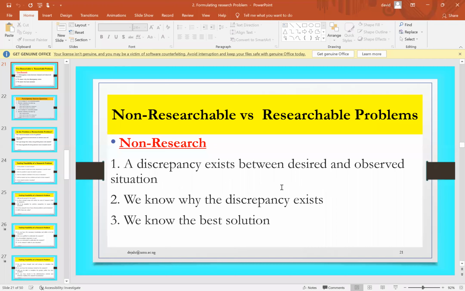Or there is a discrepancy between what is desired and what is observed, and we also know the best solution, then that discrepancy is a challenge because it will not call for further research.